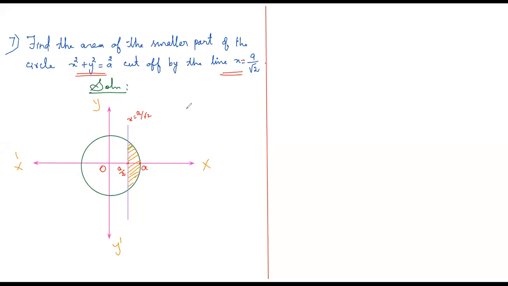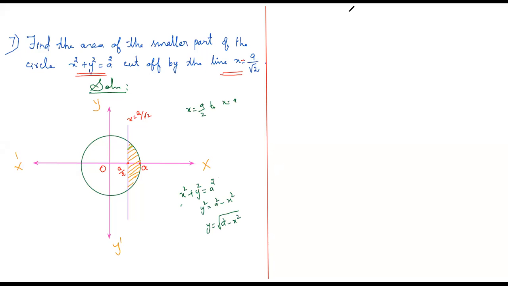The limit is from x is equal to a by root 2 to x is equal to a. So now you find y from the given equation, which is the equation of the circle. From the equation of the circle, y square is a square minus x square. So y is square root of a square minus x square.